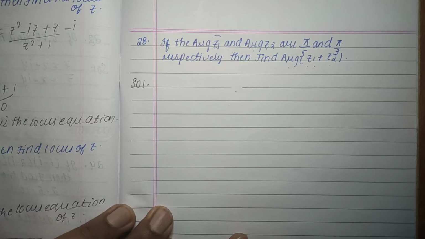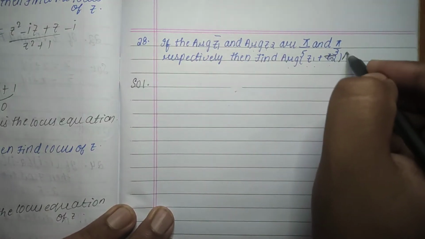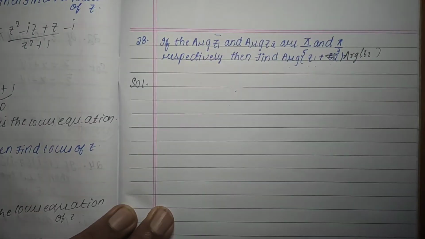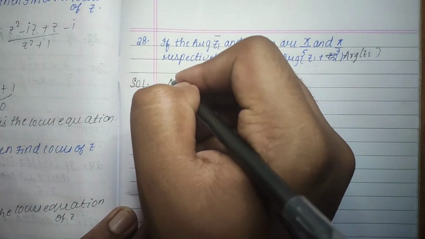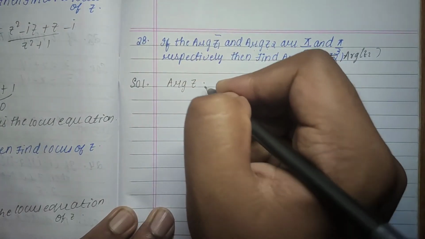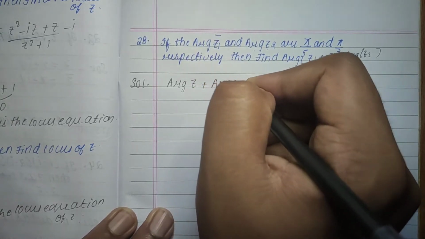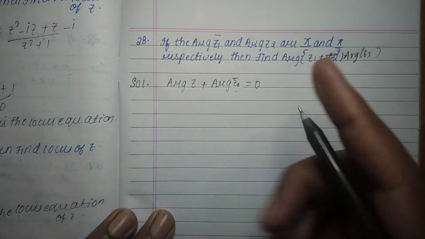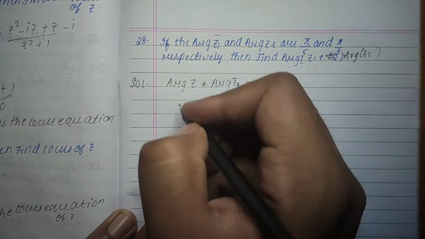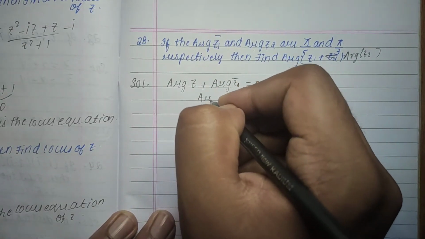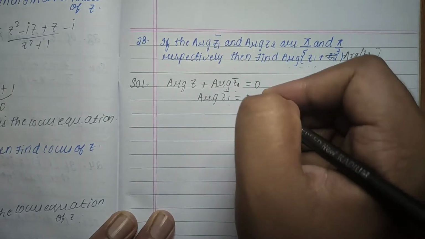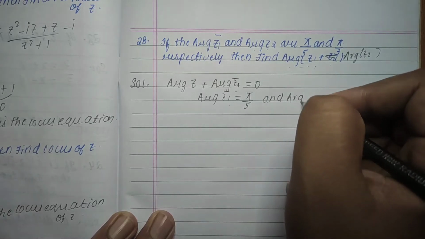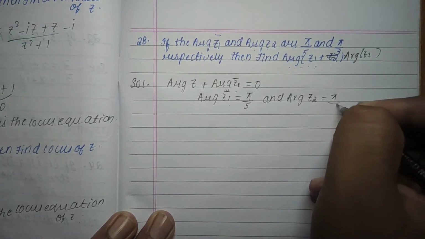As we know from the previous class, arg z plus arg z bar is equal to 0. Using the same formula, we are finding the value of arg z1. Arg z1 bar is pi by 5 and arg z2 is pi by 3.